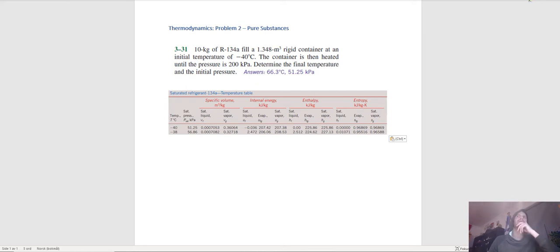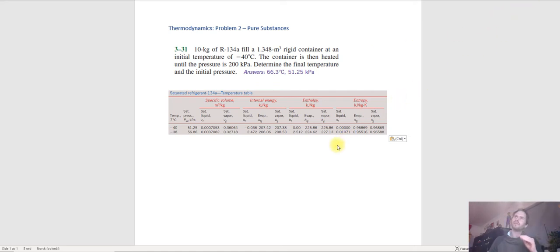We don't know that, but we do know that 10 kilos of this fills a 1.348 cubic meter rigid container. Rigid means it cannot expand because it's solid.